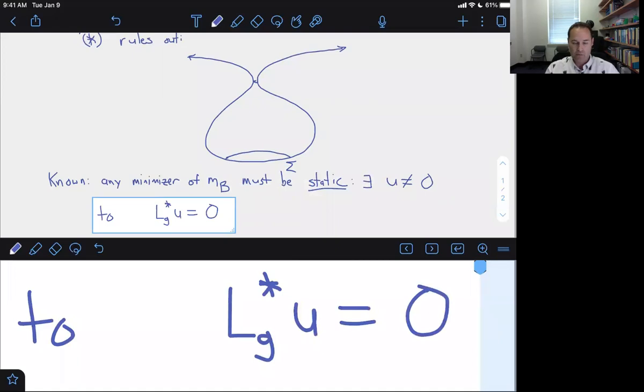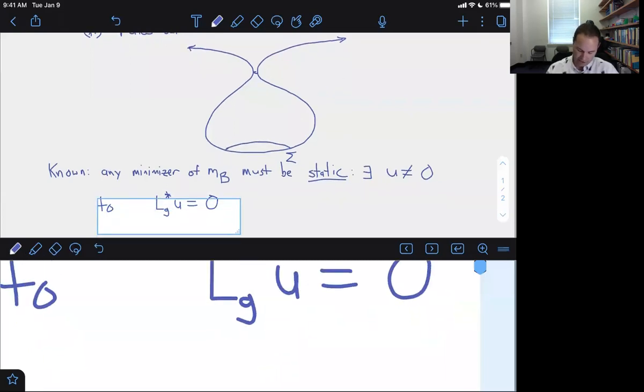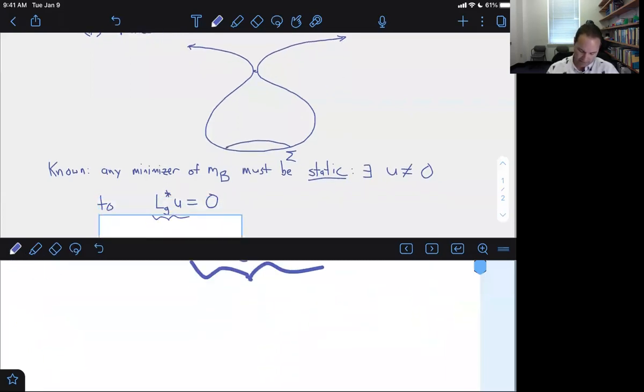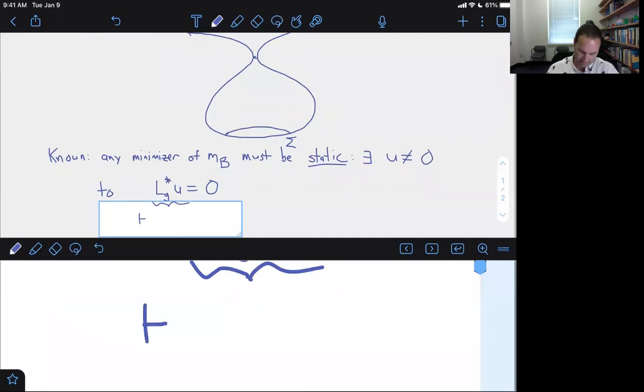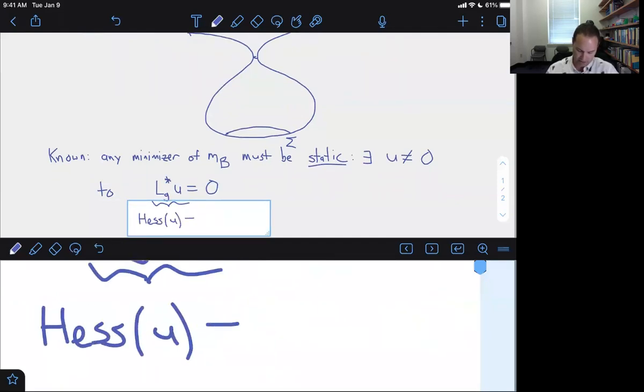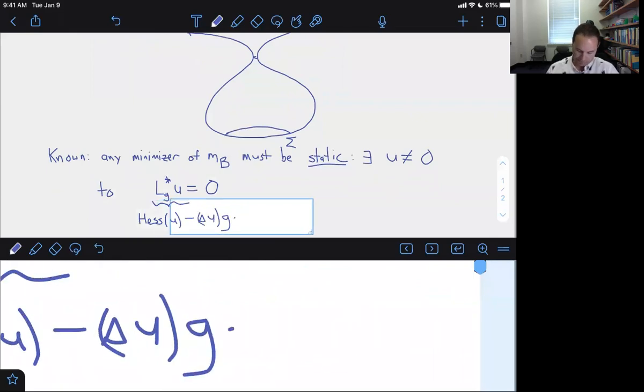L_g by itself without the star is the linearized scalar curvature operator at the metric g. L_g star is its formal adjoint. Specifically what it is, if you write it out, is a tensor with a Hessian term with respect to g, a metric term, and a Ricci curvature term. So it's saying that has to be zero.